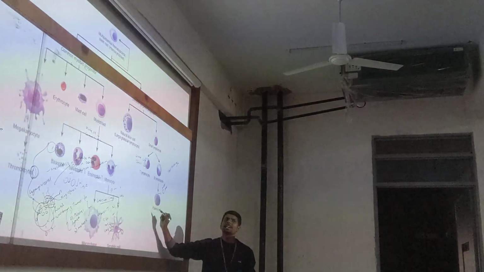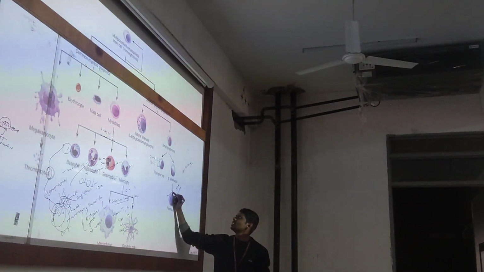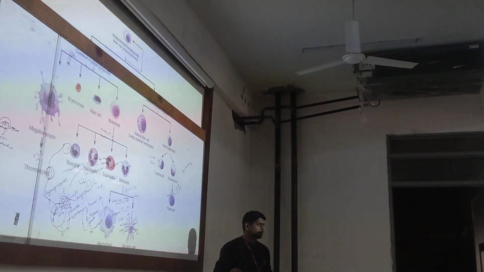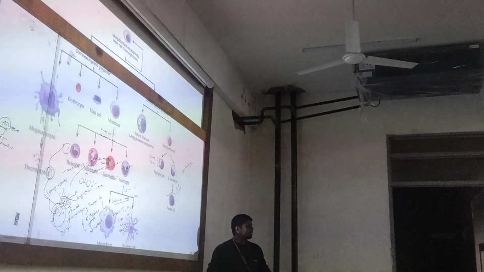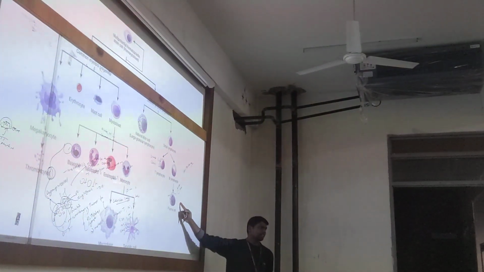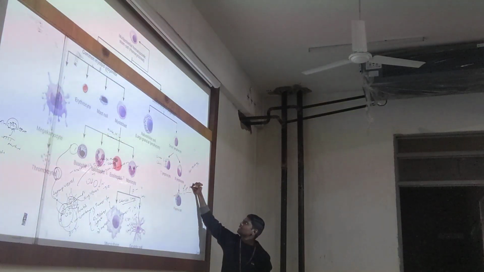I will write the triggers here. Some triggers are malnutrition, less diet, you are not taking diet properly. Some UV, environmental, some infections. Whenever there is a stress, a cell will try to undergo something called adaptation.